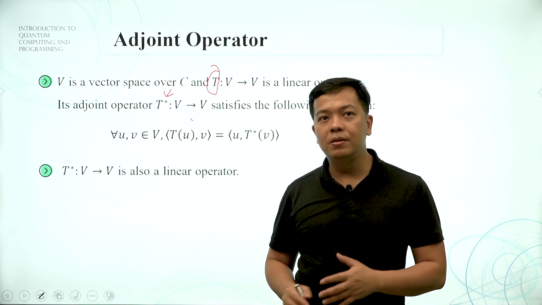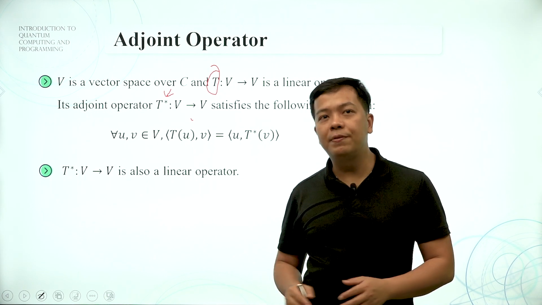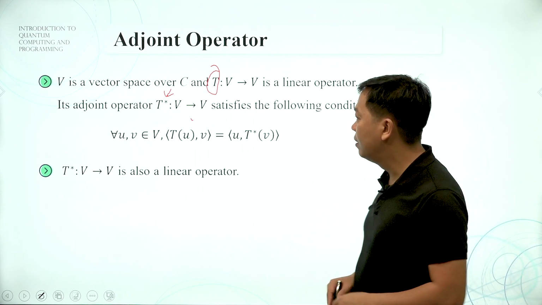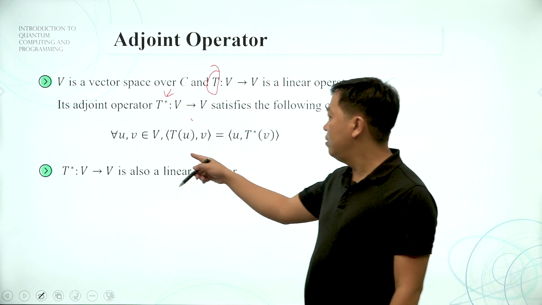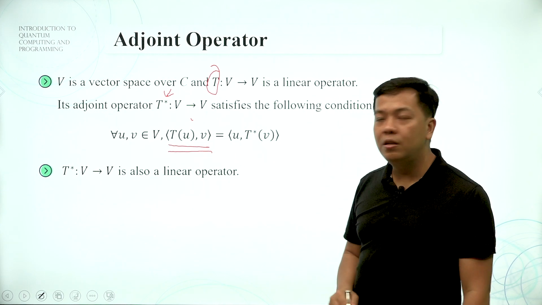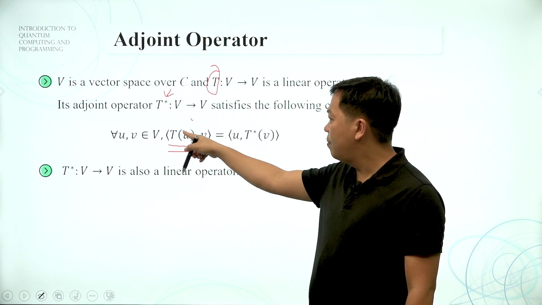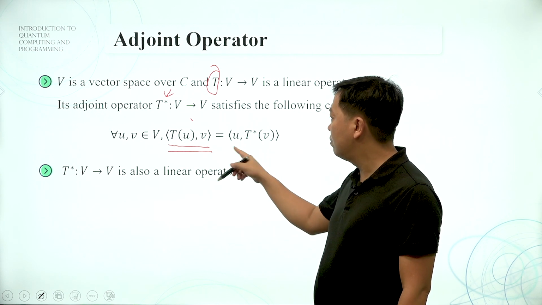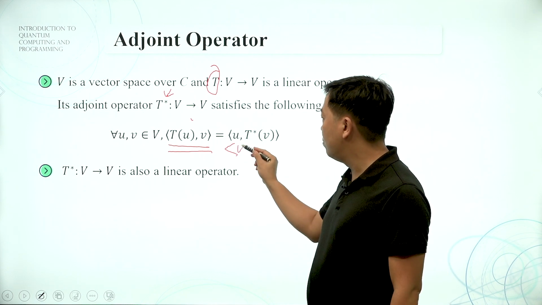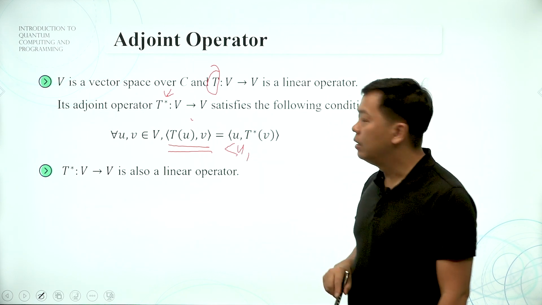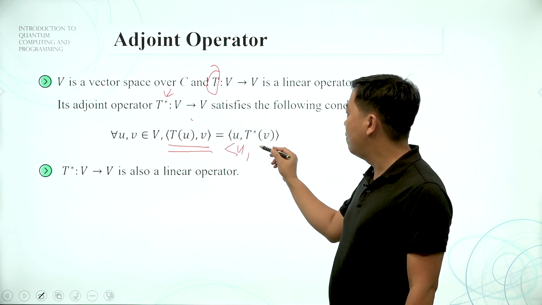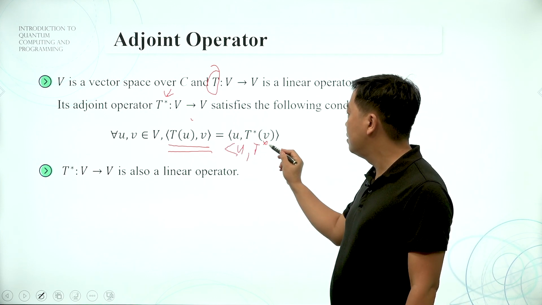The adjoint operator differs from the linear operator in one of two key points. First, after you take the inner product, the inner product of T applied to u with v is equal to the inner product of u with the adjoint applied to v.